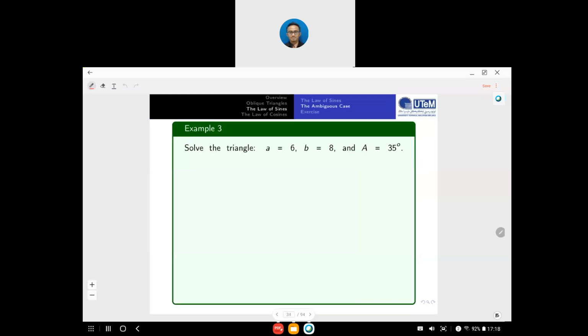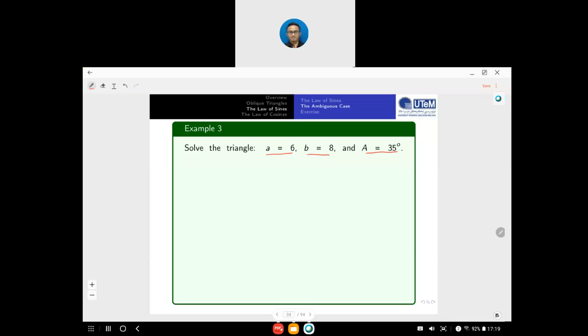Okay, look at the example. Solve the triangle with A equal to 6, B equal to 8, and angle A equal to 35 degrees.